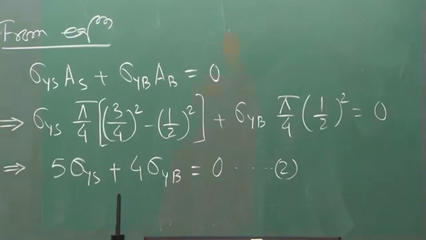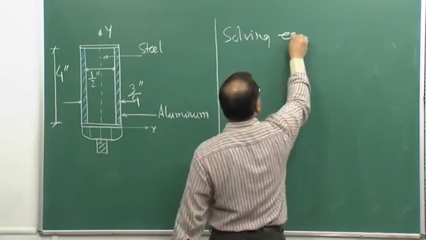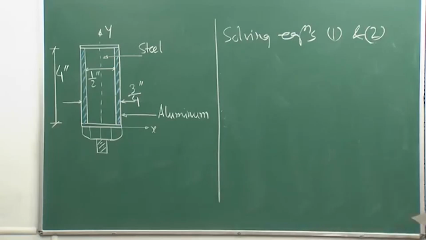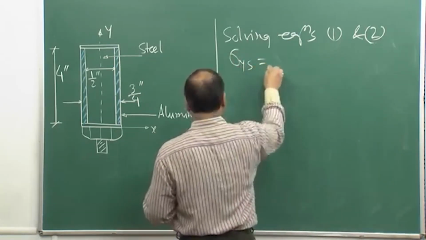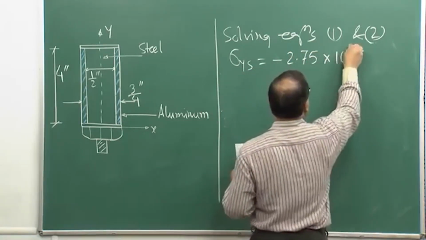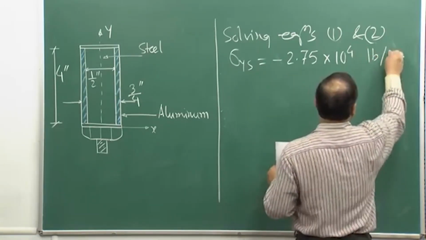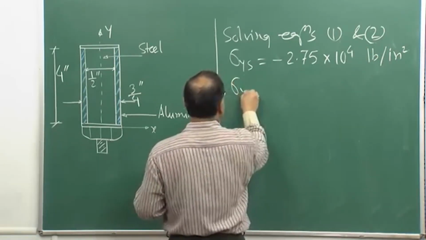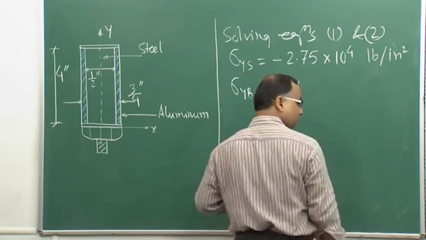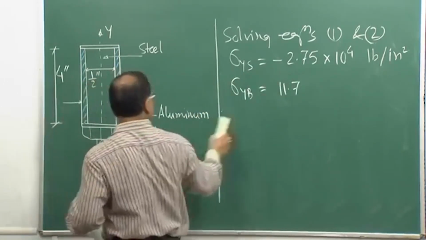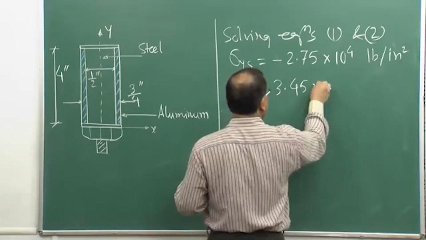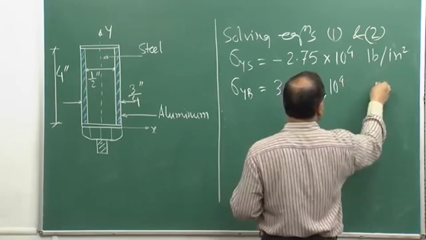Now, solving equations 1 and 2, we get sigma y s equal to minus 2.75 into 10 to the power 4 pound per square inch, and sigma y b equal to 3.45 into 10 to the power 4 pounds per square inch.